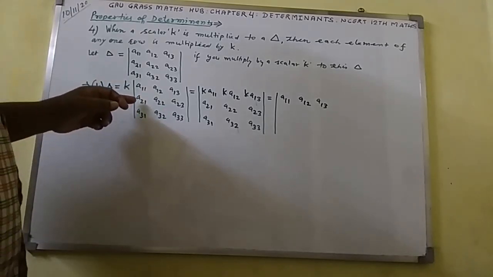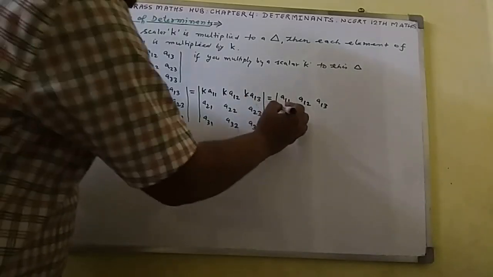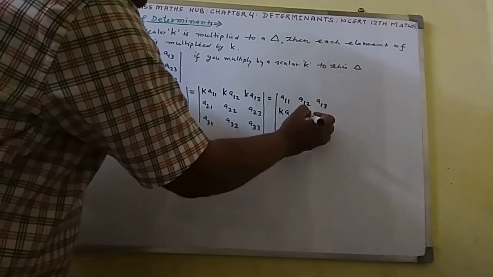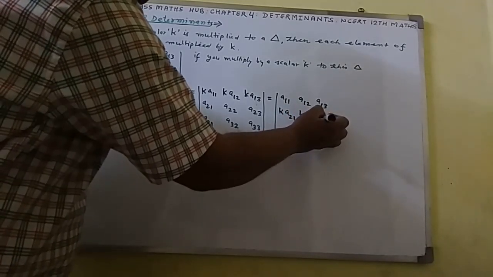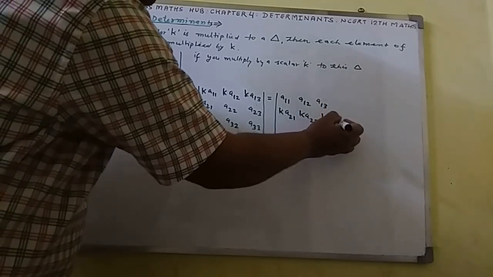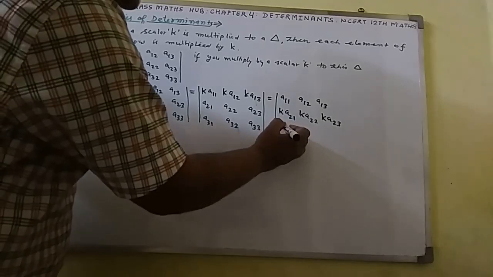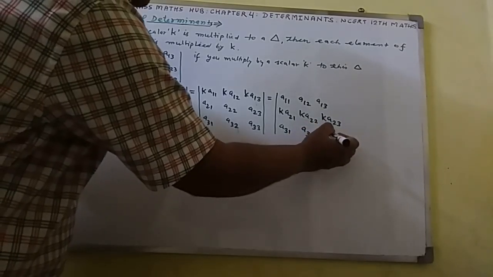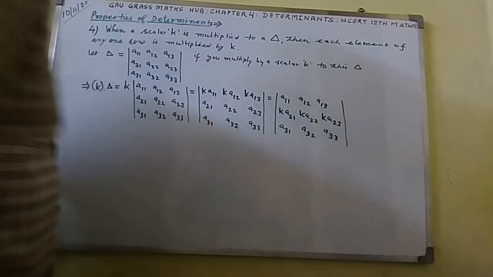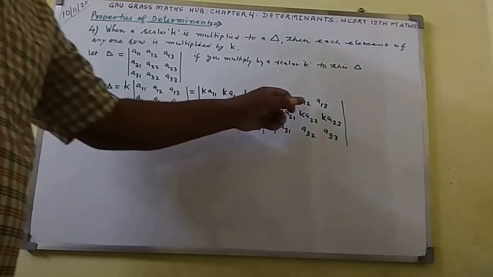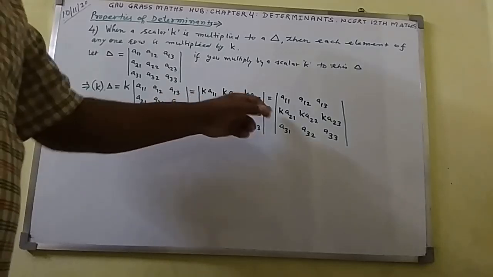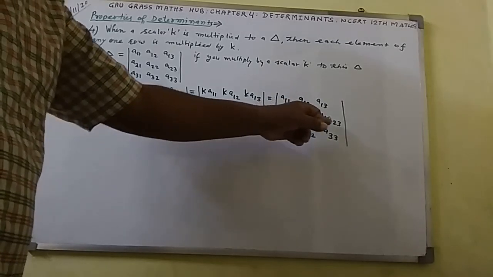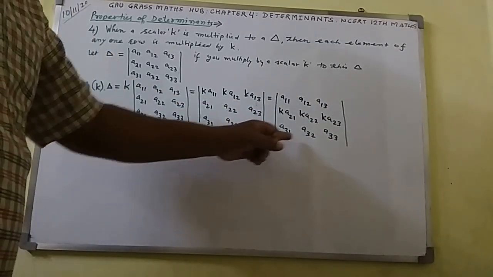So here it will become k A21, k A22, k A23, and A31, A32, A33.